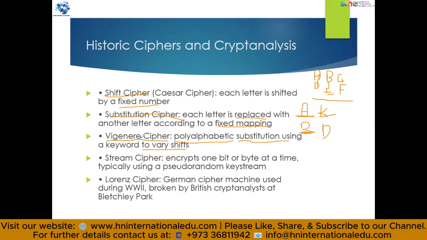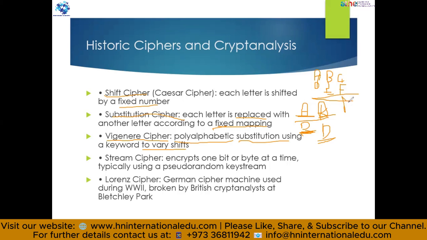Why is this more complex than the substitution method? Because in substitution we have to decrypt according to a mapping, which is a fixed mapping. But when it comes to Vigenère, we don't know. Either we have to put A in the replacement of D, or we have to use the letter K, because we have used the same letter for replacing two letters, maybe three letters.